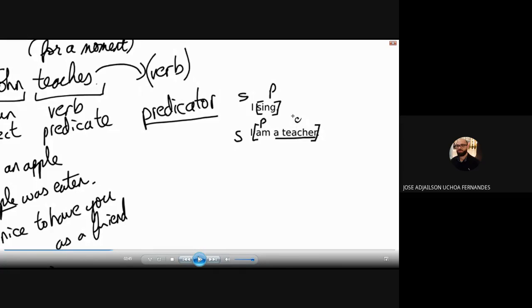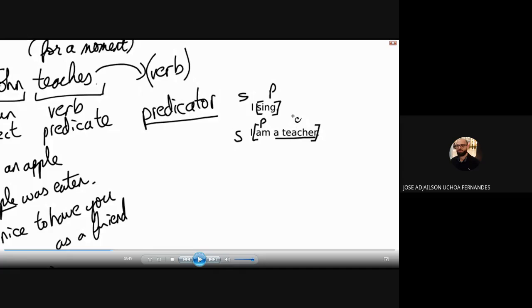So first of all, every predicate has a predicator. Okay. In the case of John teaches, the predicator is teaches because it's the only word. He defines the predicator as the word that is in charge of the predicate. Well, if the predicate is made of only one word, it's obvious. But in the second case here, I am a teacher, the predicator will always be the verb in the predicate, okay?